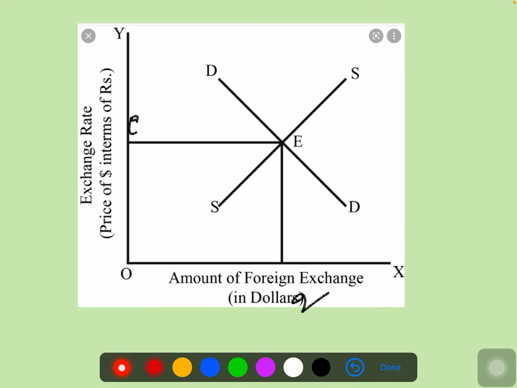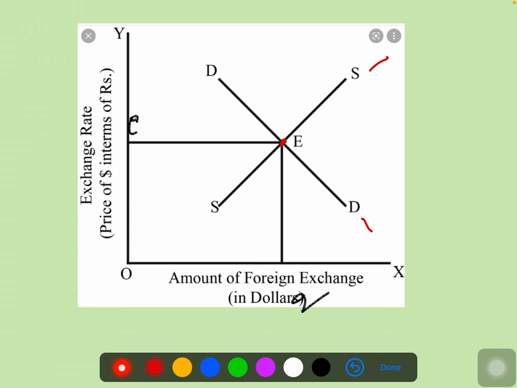In this kind of system, there is no intervention of government. It is completely decided by supply and demand. We have a diagram here. On the x axis you have the quantity, on the y axis the currency. The supply of your currency and the demand for your currency intersect at one particular point.